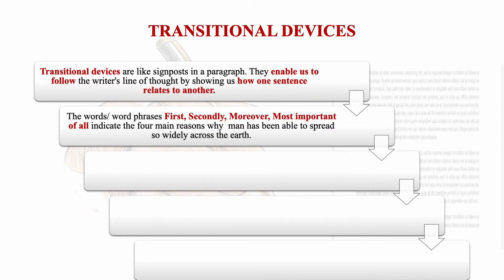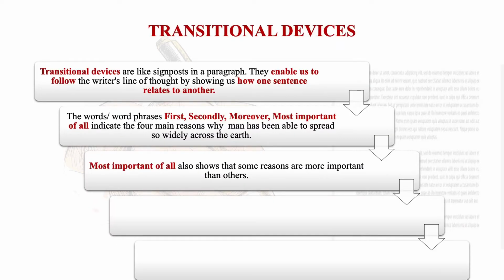Words and phrases such as firstly, secondly, thirdly, fourthly give us reasons as to why we need to do something. Suppose you are giving reasons or enumerating something, then you can use these phrases. So firstly, secondly, these are the words which are called transitional devices.